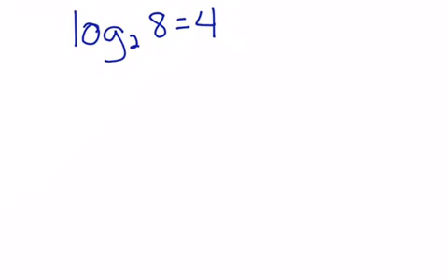Okay, so let's make sure as we start doing examples that we understand what we're talking about when we do a log. If I have log base 2 of 8 equals 3, what this says is 2 raised to the third gives me 8.